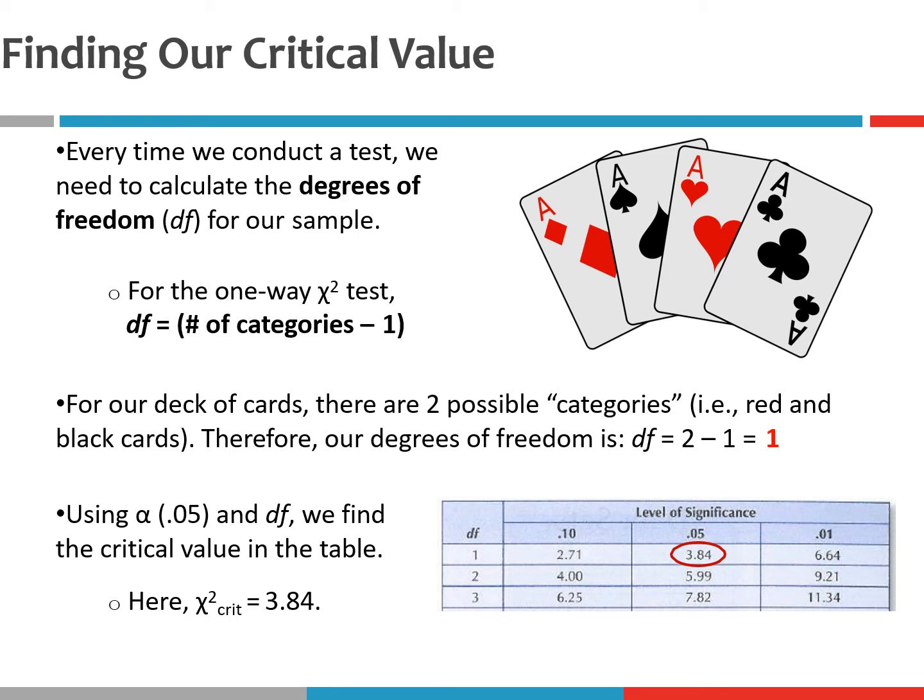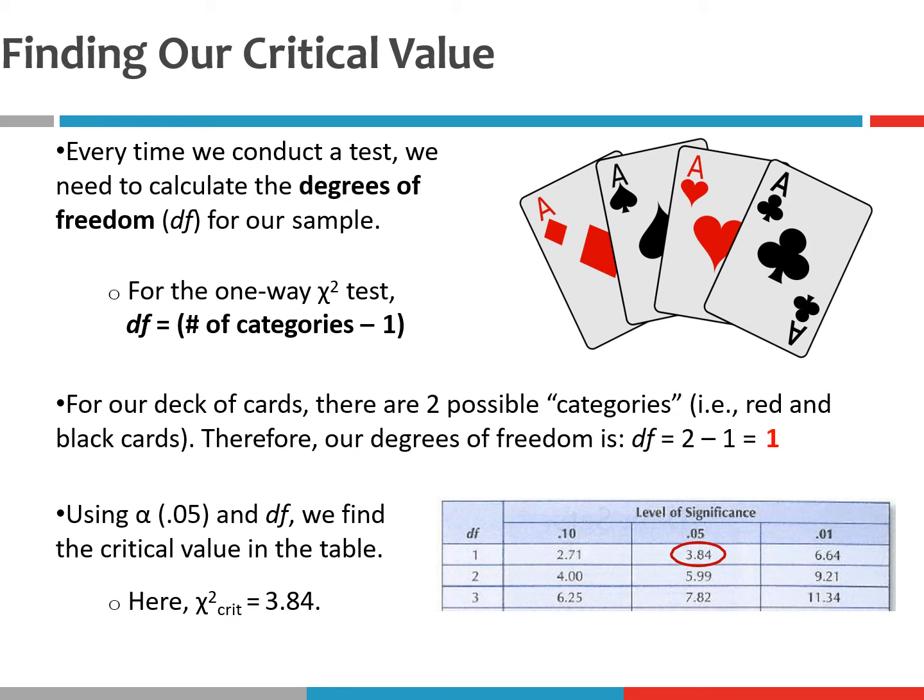Well, just like we did for the one sample t-test, every single time we conduct an inferential test, we need to calculate our degrees of freedom, which is again the number of values in our sample that are free to vary.